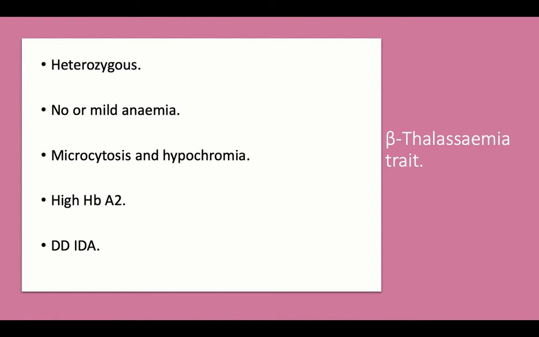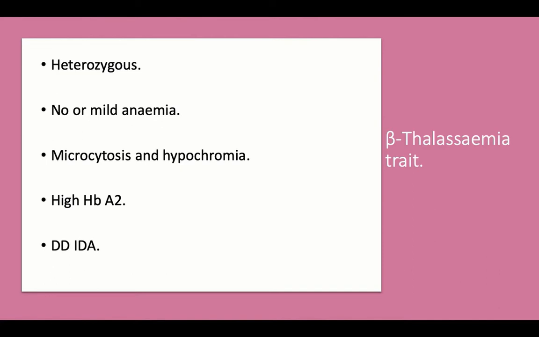Usually, hemoglobin electrophoresis of this individual would show a high level of hemoglobin A2. Hemoglobin A2 more than 3.5% is characteristic for the beta thalassemia trait, so it would enter in the differential diagnosis of iron deficiency anemia due to the microcytosis, but ferritin levels would be normal in this case.